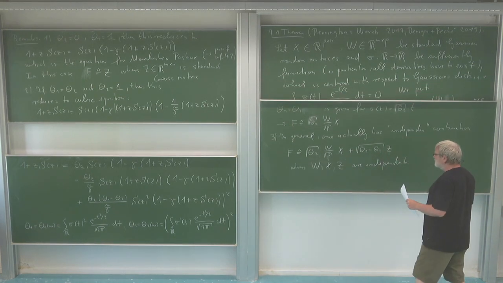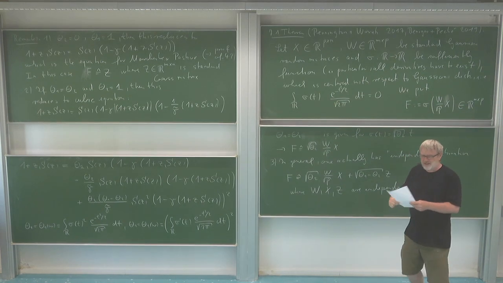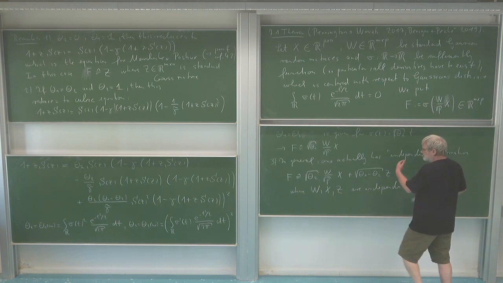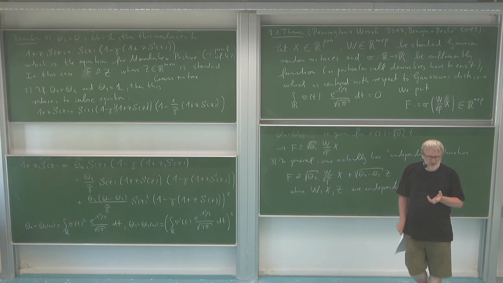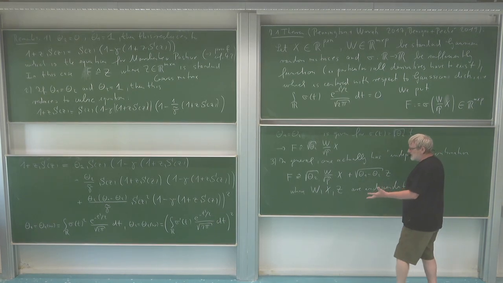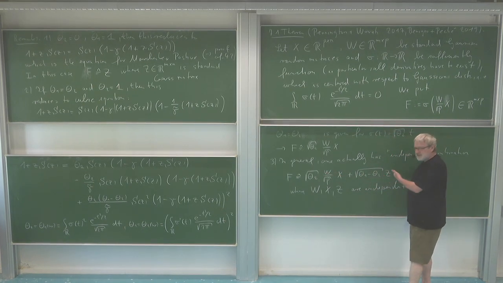Good. Okay. This is somehow a strange thing. In principle, I start from this product here, and then I apply a non-linearity to this product. And the effect of this non-linearity is that actually the non-linearity disappears, but I get an additive noise.